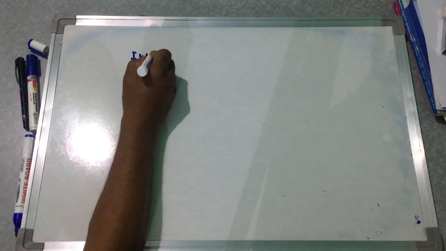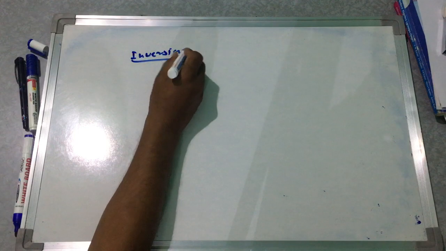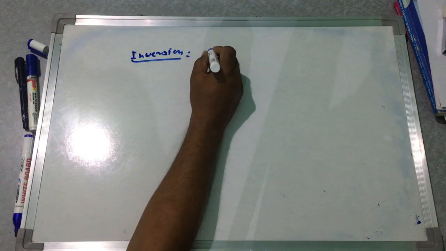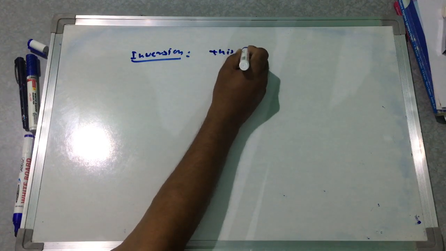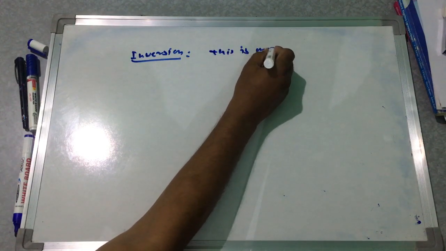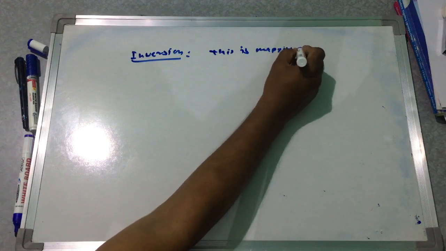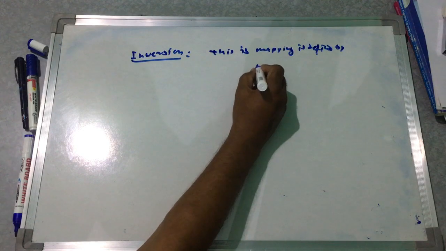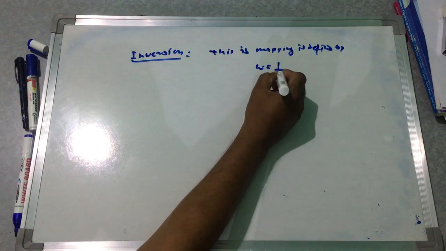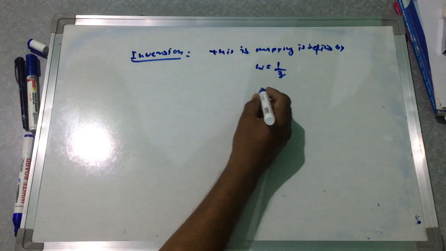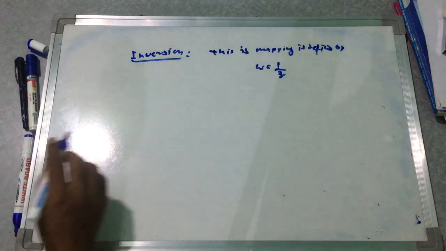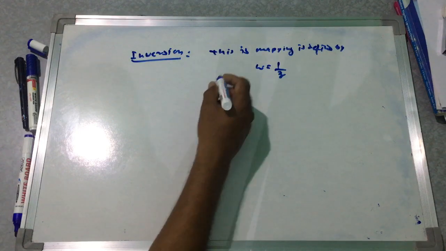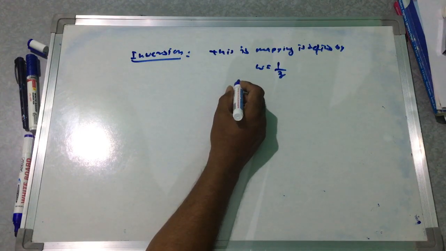Then the inversion. The mapping is defined by W is equal to 1 upon Z. The geometrical interpretation is related to the inverse point with respect to a circle.